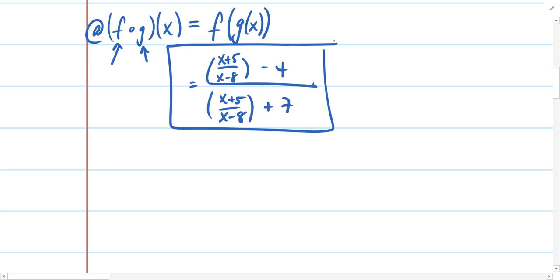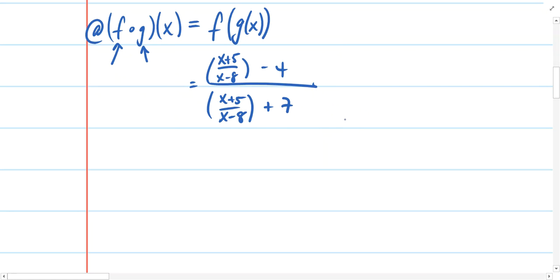However, the instructions do specify that we must simplify our answer and factor completely. So in order to do that, since this is a complex rational expression, we should really find common denominators for this numerator group and the denominator group, so that we essentially get one fraction in the numerator divided by another fraction in the denominator, and then we could simplify from there.